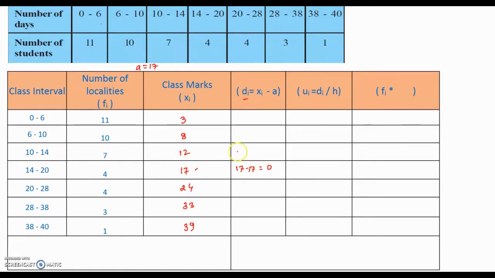Let us write it for 12. 12 minus 17 is minus 5. 8 minus 17 is minus 9. 3 minus 17 is minus 14. 24 minus 17 is 7. 33 minus 17 is how much? 16. 39 minus 17, 19. Is it 19? 39 minus 17? No, 22.